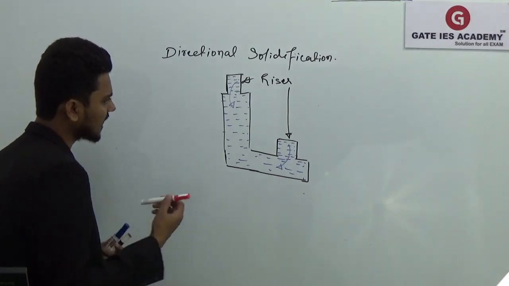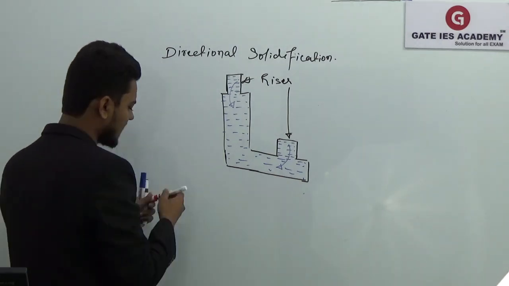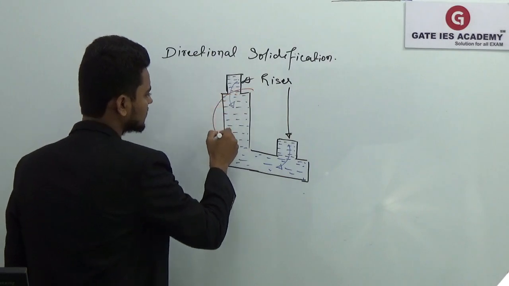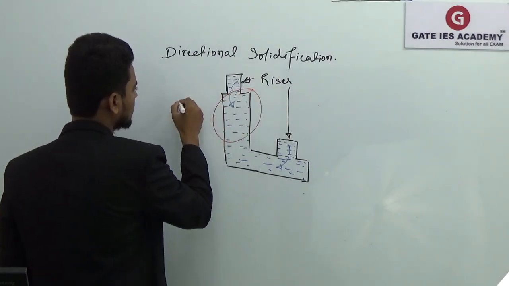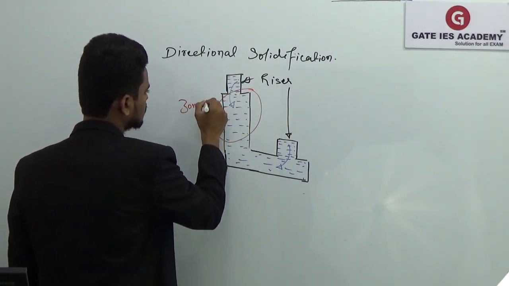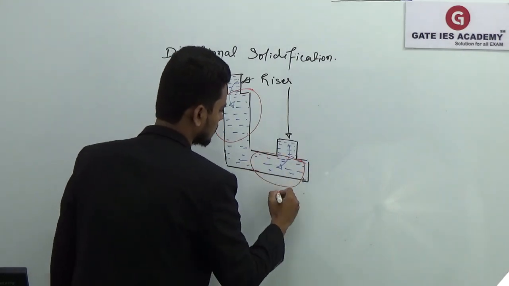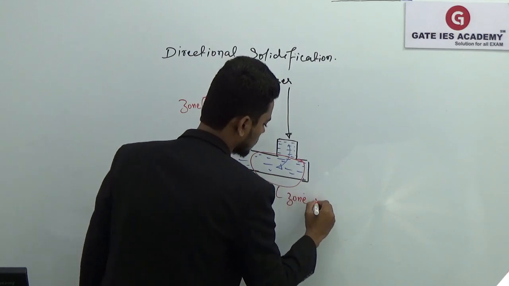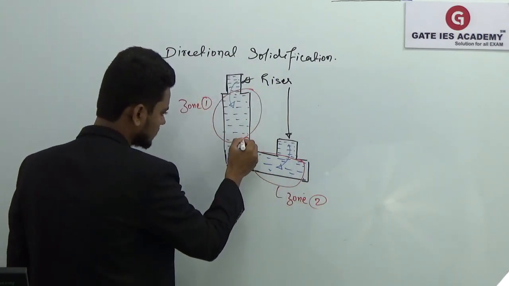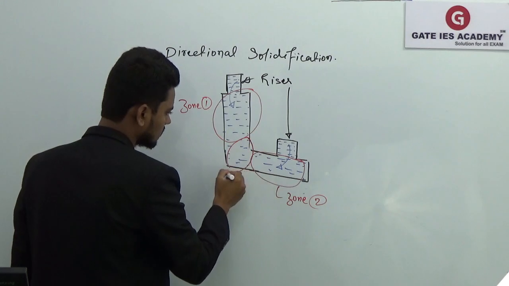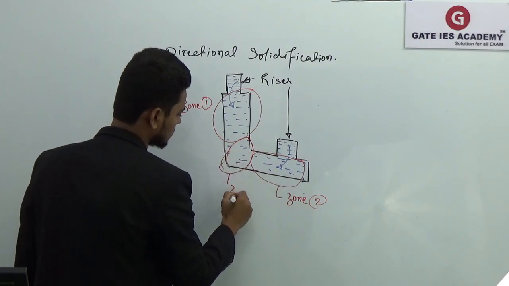Now what I am doing is dividing this L shape into 3 zones. Say this is your zone 1, this is your zone 2, and this is your zone 3.